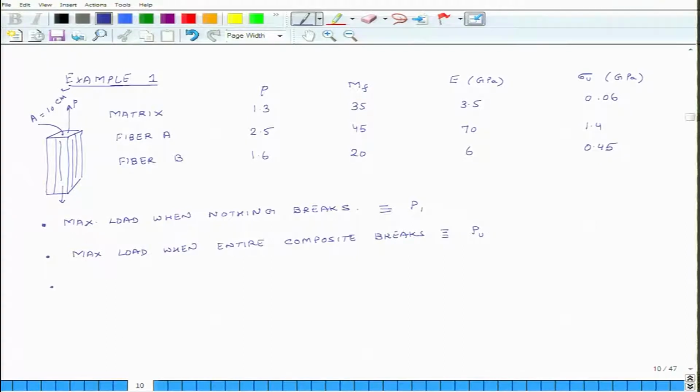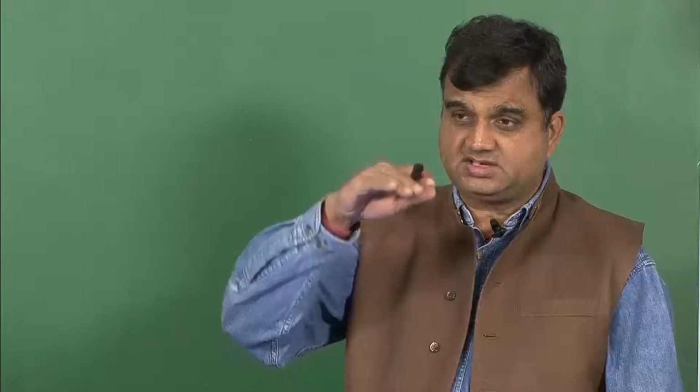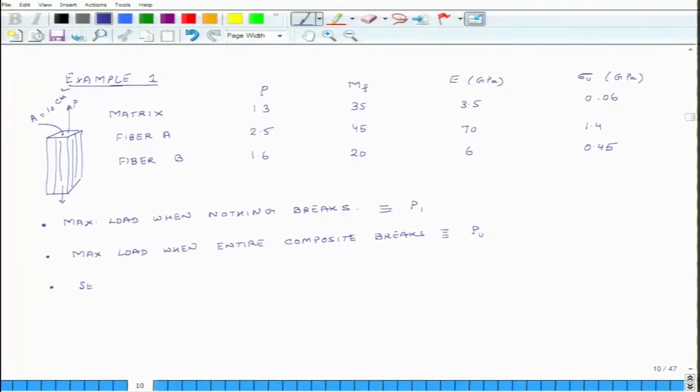Okay. And the third thing is, we have to figure out which component fails first, then next, and so on and so forth. So, the sequence of failure. That is another thing we have to figure out.